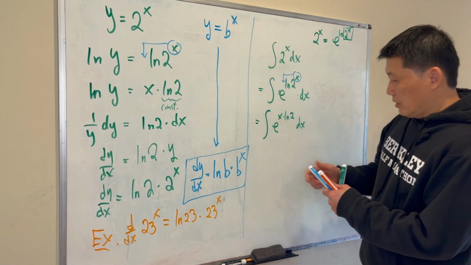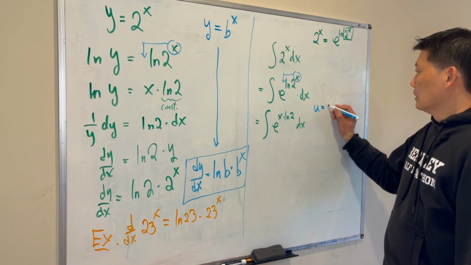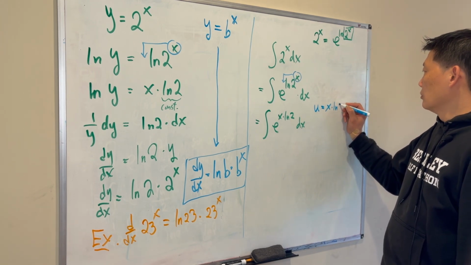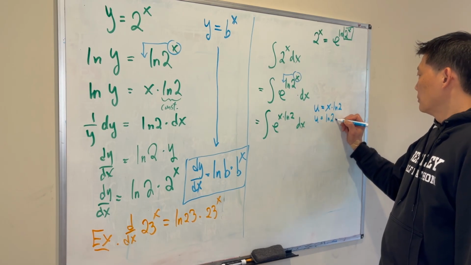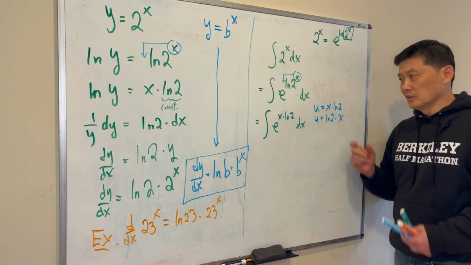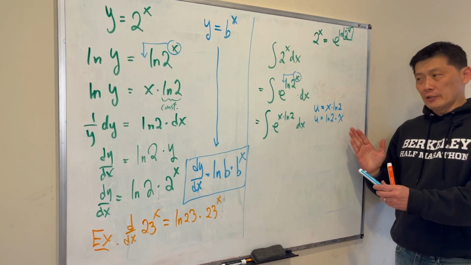In this case, what I can do is use substitution. Say u equal to x times ln 2, or u equal to ln 2 times x. Just another way of writing it. I just want to make sure you're clear.